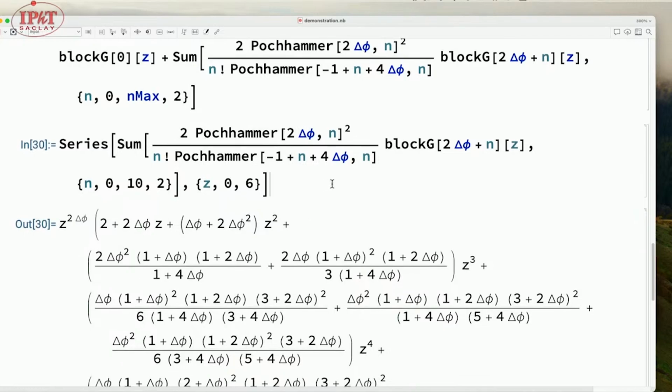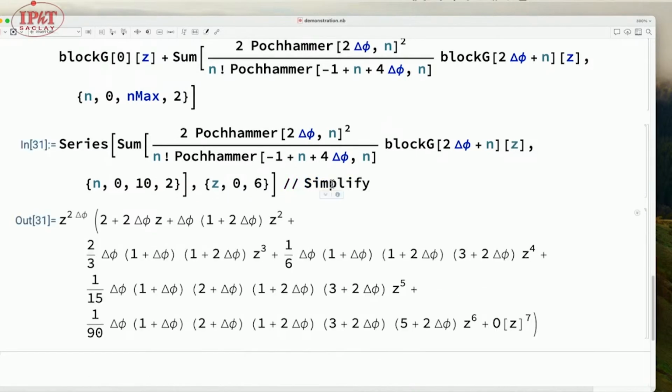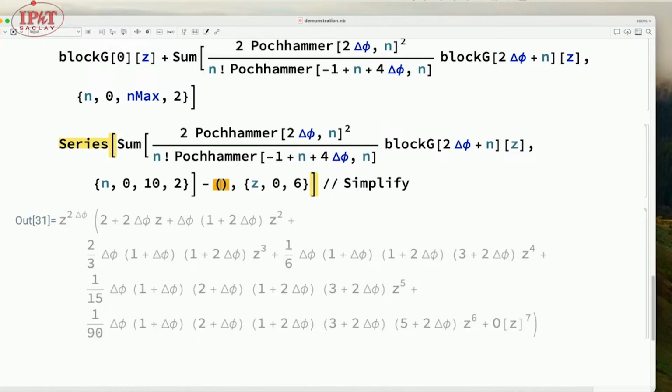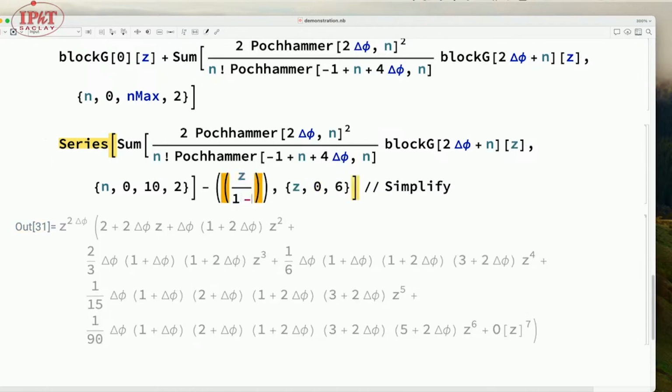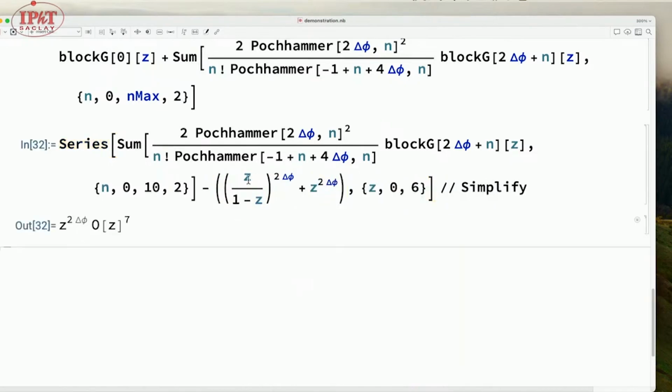This looks a little messy, but we haven't simplified. This looks much simpler, and if we didn't make any mistake, then this should be equal to z over 1 minus z to the 2 delta phi plus z to the 2 delta phi. Yeah, okay. So the series works. So we can go all the way up to order 10, and it's still correct.